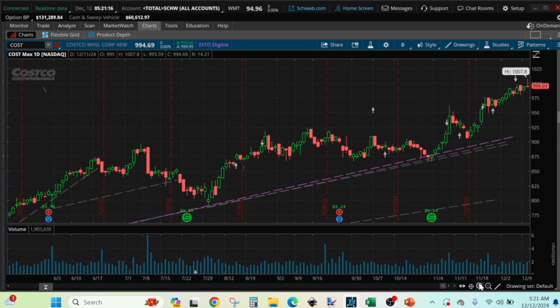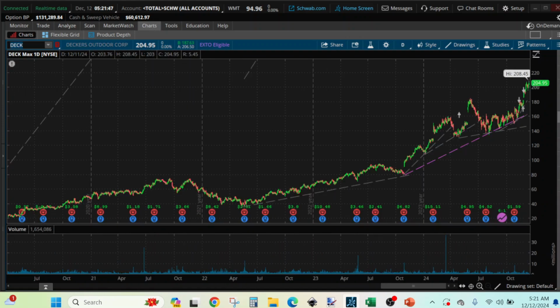Okay, and I was looking at that low there, moving it. So DECK. DECK is well away from the line that we are aiming to buy it on. So we are not going to do anything. We are just going to wait on it.